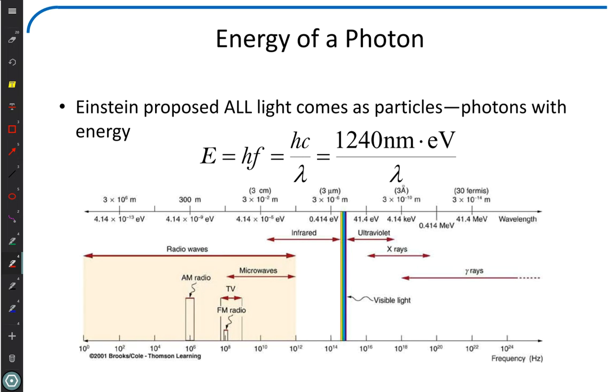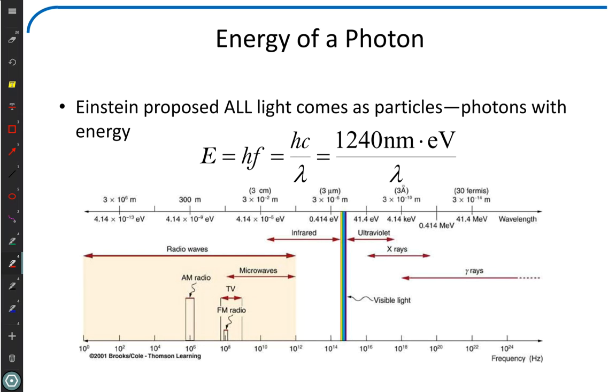But then later, he wrote a follow-up paper where he said it's not just these oscillators that this applies to. All light this applies to. And so he generalized to say that all light can be treated as a particle.